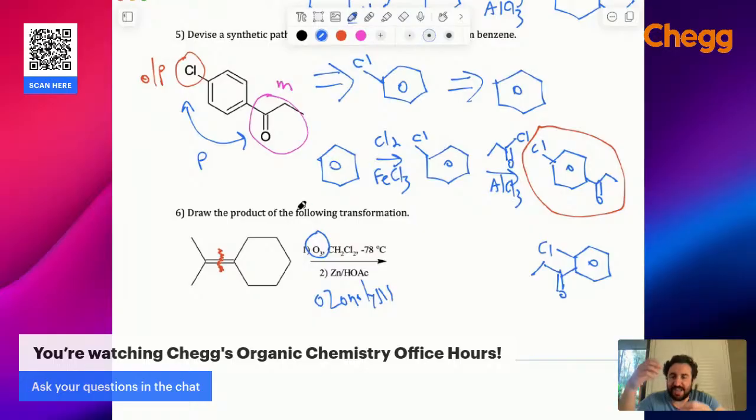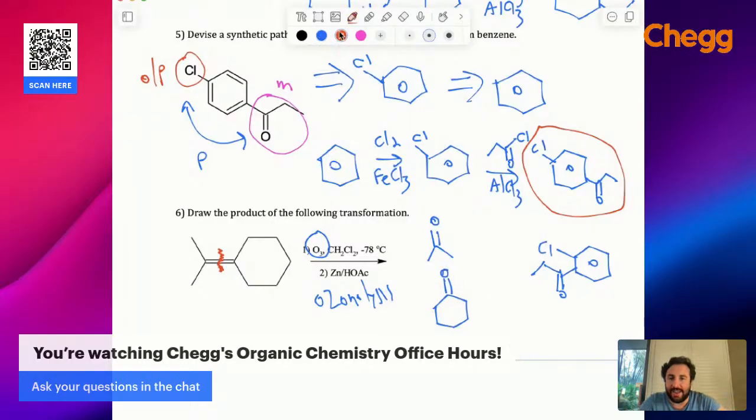So we take these fragments and we're going to pull them apart. And so what do we end up with? We have this 3-carbon fragment, and the carbon that was participating in the pi bond is now a carbonyl. And then we have a cyclohexane moiety, and that is now a ketone as well.